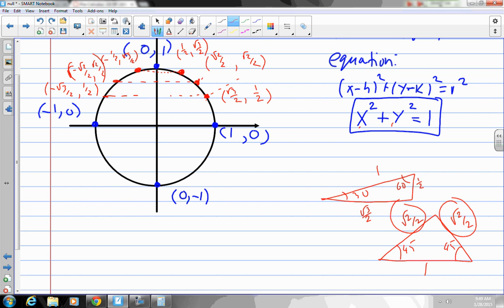If I go here, now both negative: negative root 3 over 2, negative 1/2. I go to this point, negative root 2 over 2, negative root 2 over 2. I go to this point, negative 1/2, negative root 3 over 2. So both x and y are negative there.